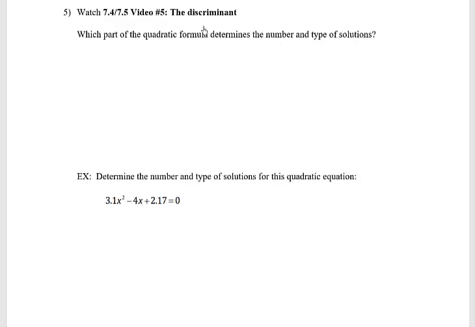It was the number inside the square root. Well, we call that number the discriminant. In other words, D, the discriminant, is equal to b squared minus 4ac. It doesn't include the square root itself, it is just the number inside the square root in the quadratic formula.